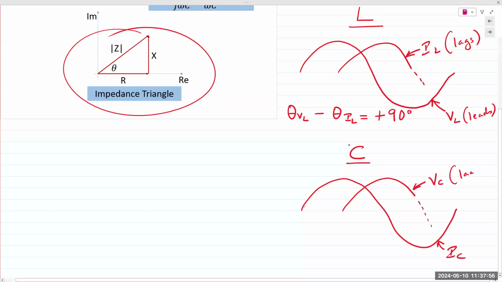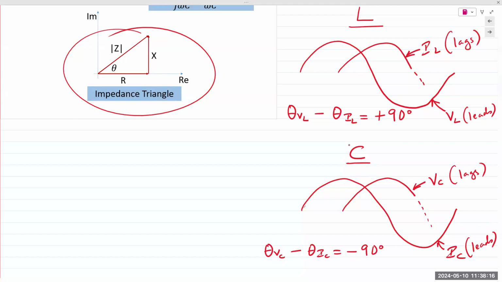So VC lags and IC leads. And this is true for any capacitor. So the phase difference between the capacitor voltage and the capacitor current is always minus 90. And that's why the impedance is negative. It's not yet the full explanation of why it's negative. We will see that in the next slide. But that's where it comes from.